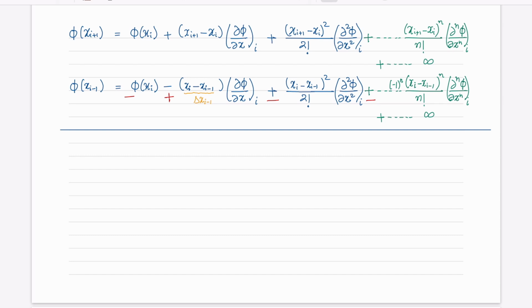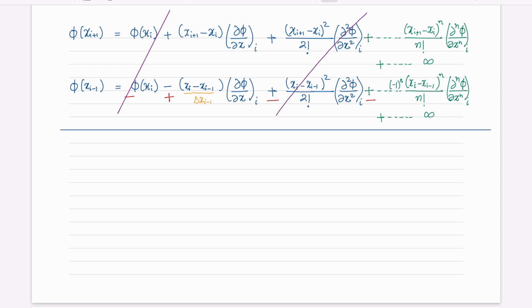This is a general term, so you might have to write this expansion a little bit more to understand what kind of terms would get cancelled out. For example, the first term on my right hand side would be cancelled out. The second term is going to retain itself, and similarly the third term may get cancelled out.